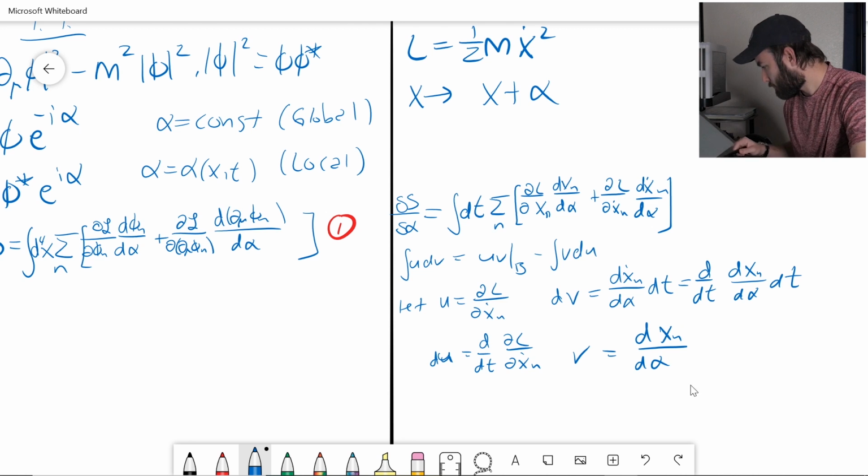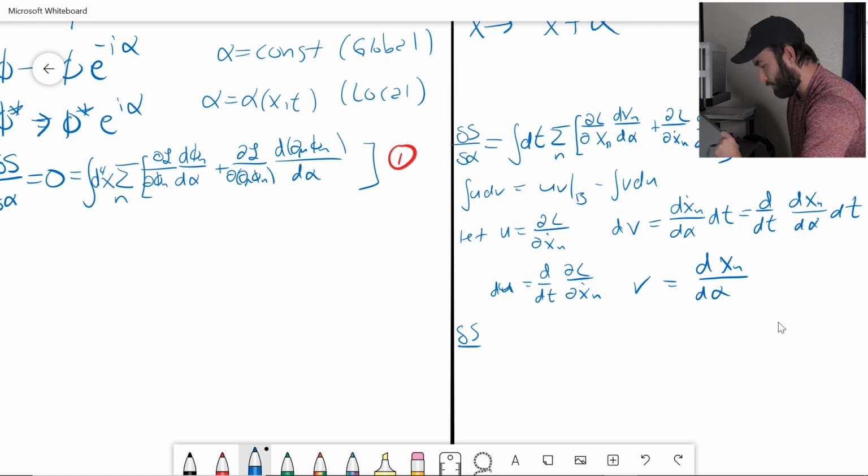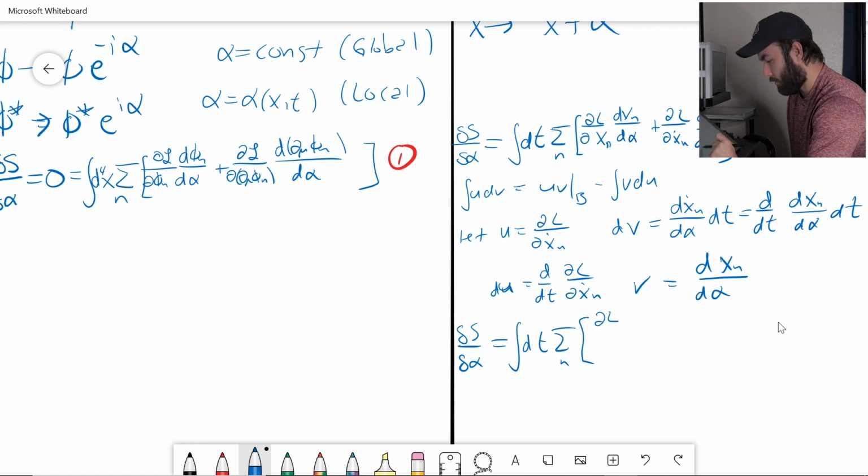Awesome. So varying the action with respect to alpha, dS over d alpha, is the integral dt, sum over the coordinates. The first term doesn't change at all. dL dx_n, dx_n d alpha, minus the integral of v du.